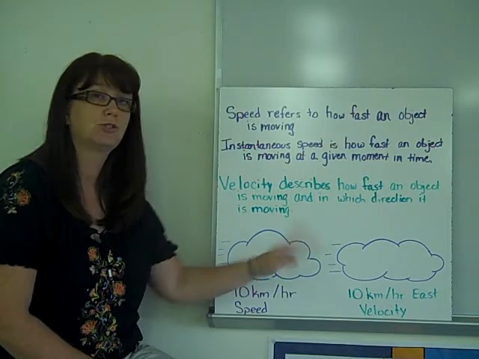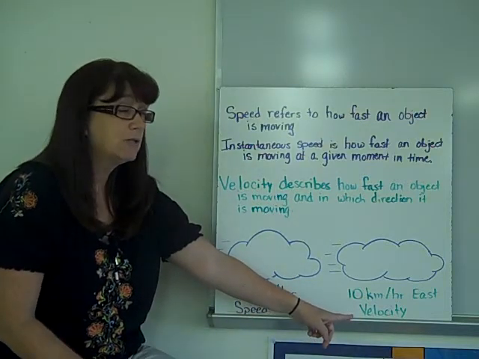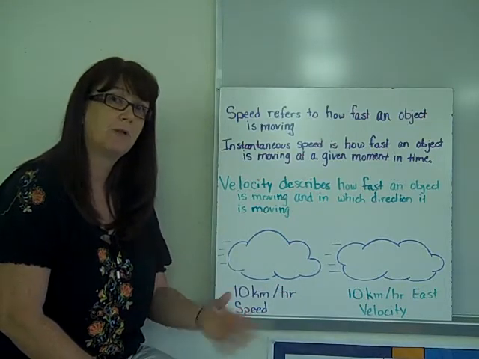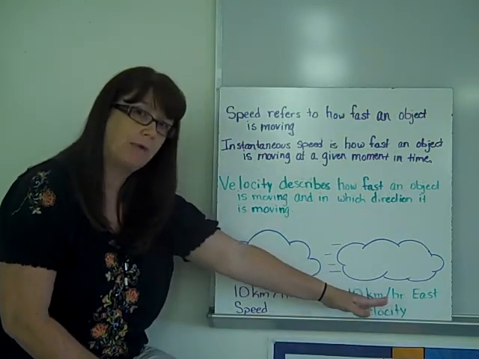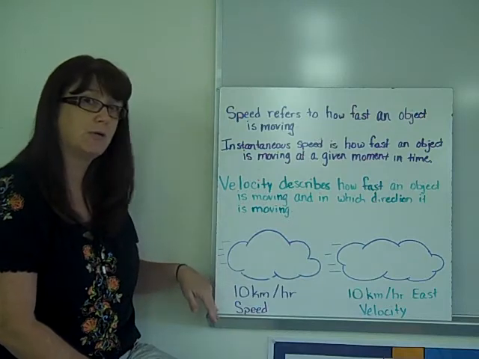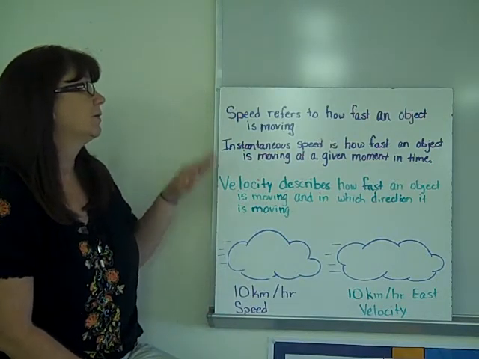These are my little clouds showing my wind. And this one, he may also tell you that it's blowing 10 kilometers per hour east. That would be an example of velocity. He's told you what direction the wind is blowing. Here, all he's told you is the speed that the wind is blowing. Okay?